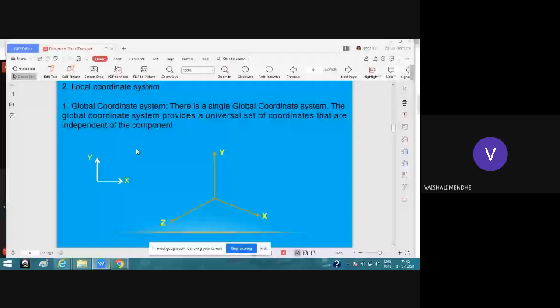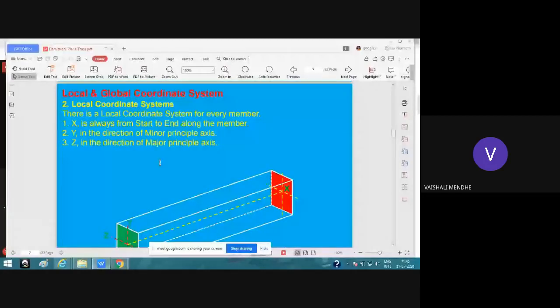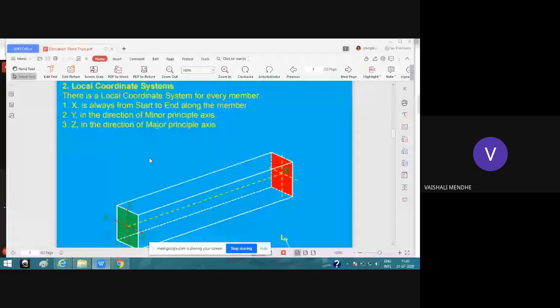Then the local coordinate system. In the local coordinate system, there is a local coordinate system for every member. For every member, you will have to assemble the local coordinate system.